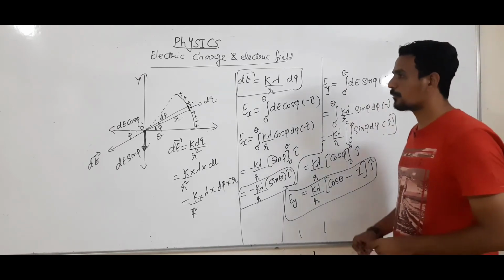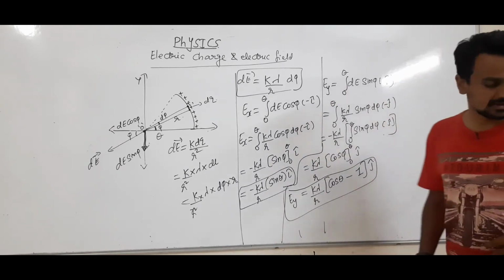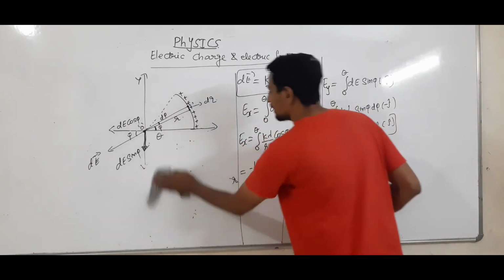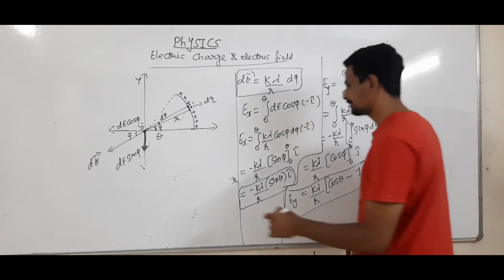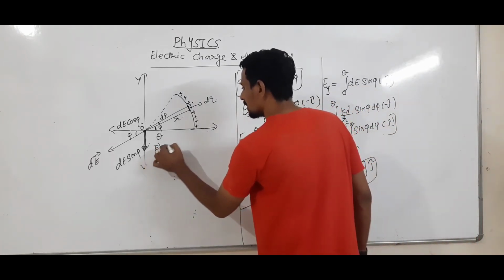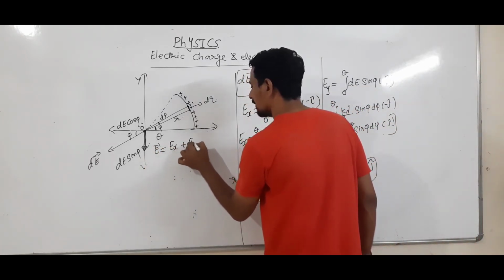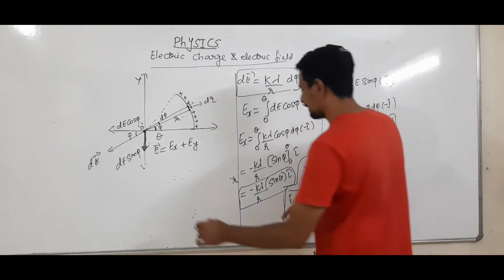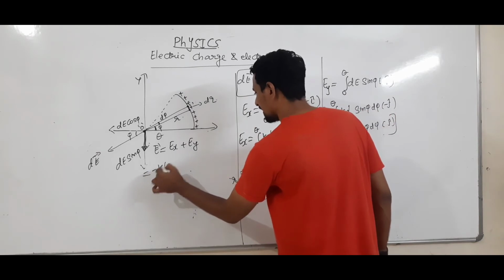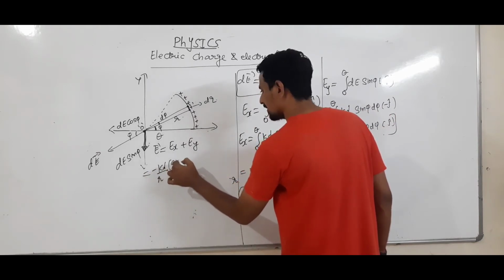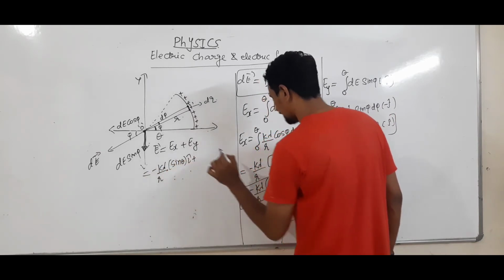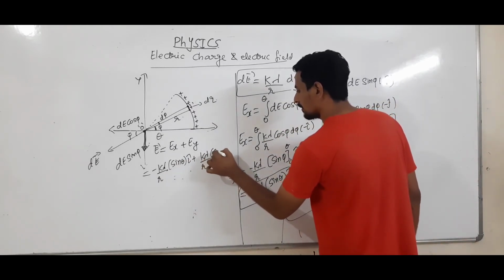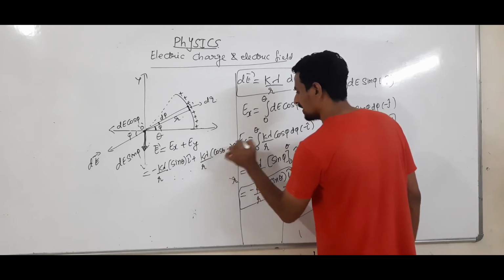Clear? Okay, so now what will be the net electric field? What will be the electric field here? It will be x plus y, right? So E is minus k lambda by r sin theta i plus k lambda by r times cos theta minus 1 j caret.